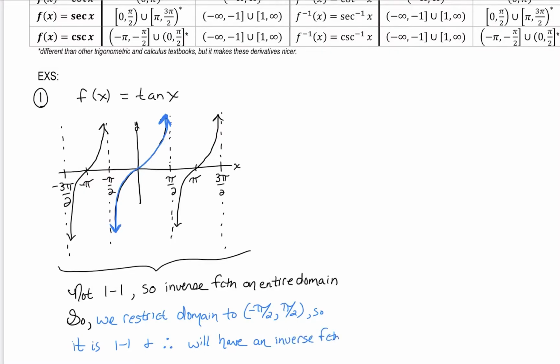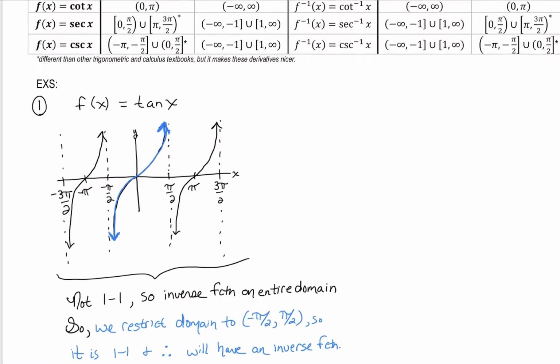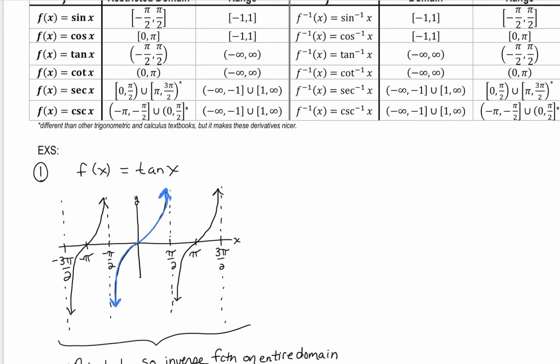So that's what you do, and you talk about that in more detail in trig. So when you go back up to the top, you can see in this table the negative pi over 2 to pi over 2. So there's your restricted domain. And then, of course, you can look at the range. It goes from negative infinity to infinity.